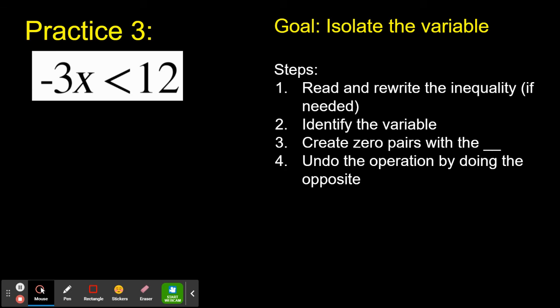All right, go ahead and practice this problem here. Again, I see that my coefficient is -3, so already I know that at some point I'm going to divide by a negative, and I'm going to have to flip my inequality sign. This is -3 times x is less than 12.